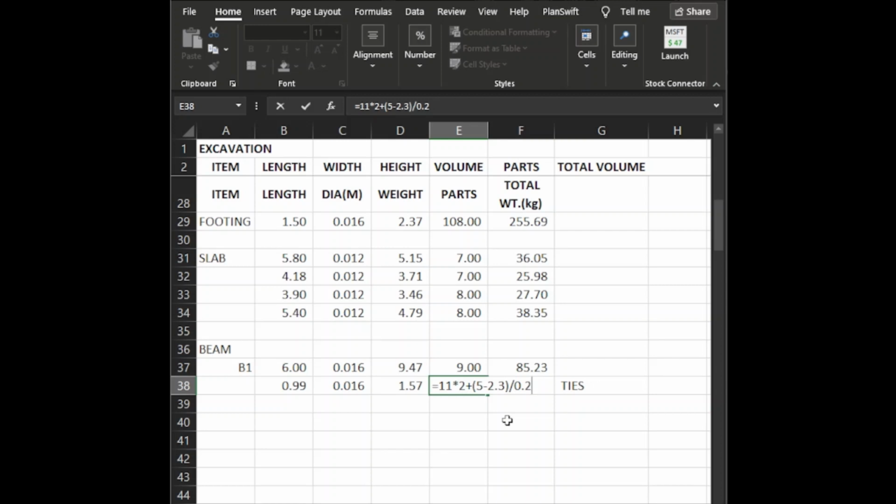So this is not like this, guys. Then we will round this one up. Okay, so 36 bars.